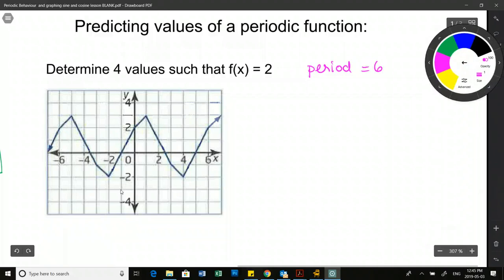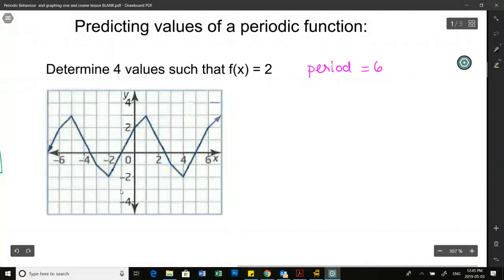What I'm looking for here is where the y values are equal to 2. So for what x values is this function equal to a y value of 2? Can somebody give me one x value that has a y value of 2 on this graph? 0. Yep, 1's right here. Okay, so f at 0 is equal to 2. Does anyone see anywhere else that would have an x value that has a y value that's equal to 2?